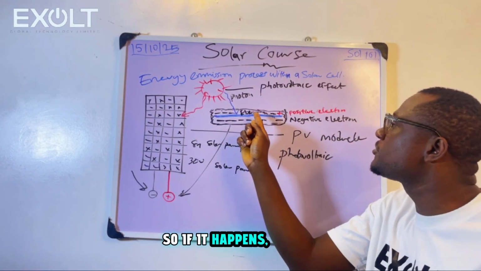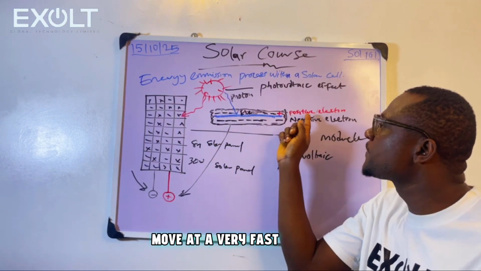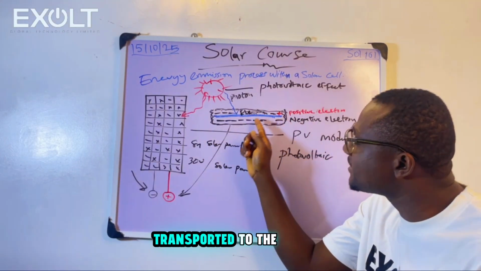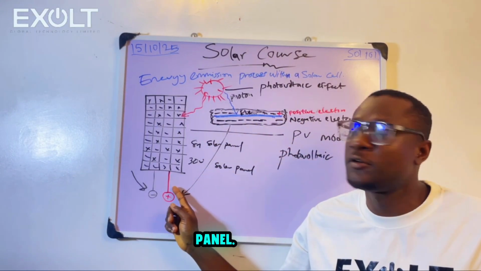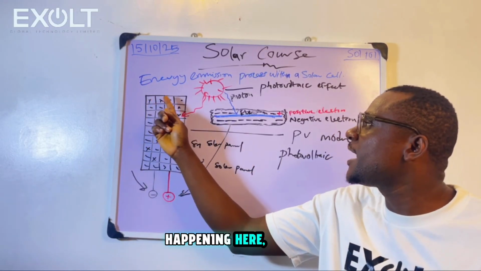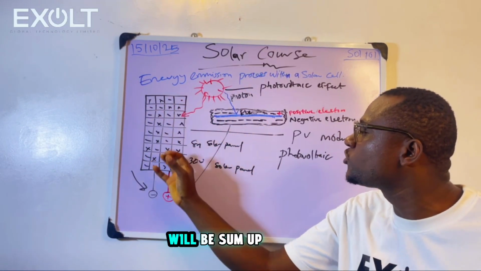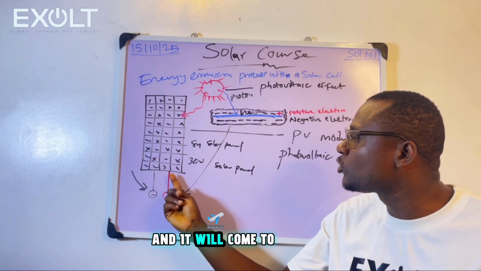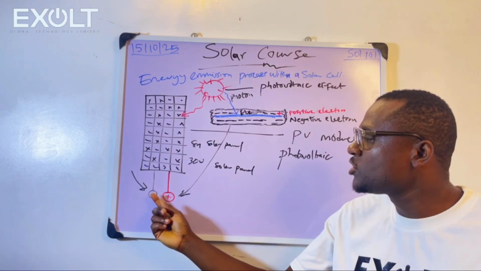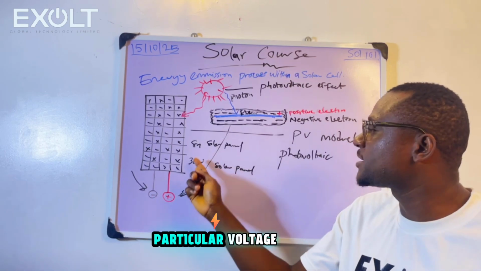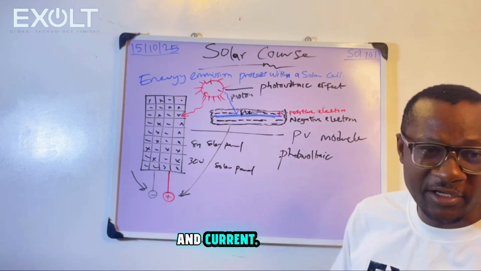If the electrons move at a very fast speed, the energy generated will be transported to the terminals of the panel. If it is generating 3 volts here, 3 volts here, 3 volts here, all the 3 volts will be summed up together and come to the terminals. By the time you reach the positive and the negative terminal, you will get a particular voltage and current.